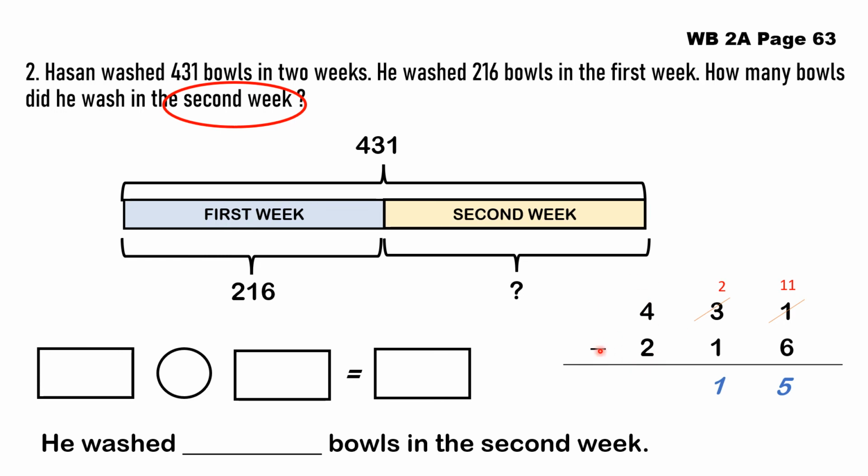And lastly, in the hundreds, 4 minus 2 to get 2. Okay, so we write down here in the blanks 431 minus 216 to get 215. So Hassan washed 215 bowls in the second week.